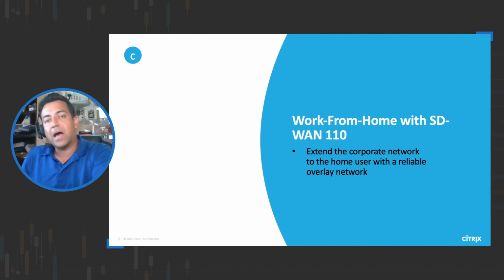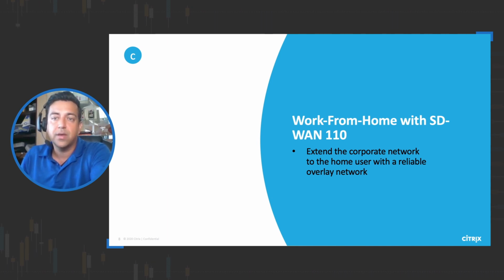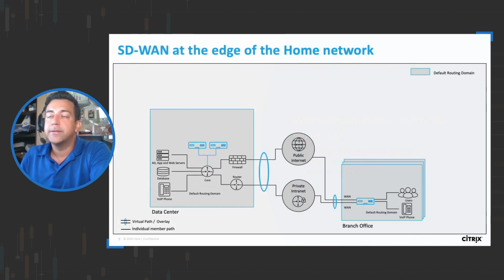So we've looked at how to create Citrix SD-WAN and extend the network reach into Azure. In our next demonstration, we'll look at how the solution extends the reach into the home office. With routing domain capabilities on the SD-WAN solution, more commonly known as VRF Lite, we can easily add new segments of the network.